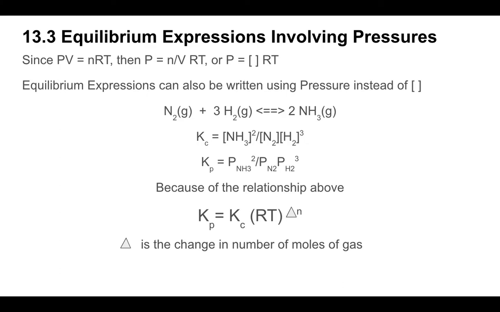So in this case, N2 and 3H2, that's 4 moles of gas. 2NH3 is 2 moles of gas, so your delta n would be -2. So if I had the Kc for the ammonia reaction, I would divide it by RT squared to get the Kp for the same reaction.